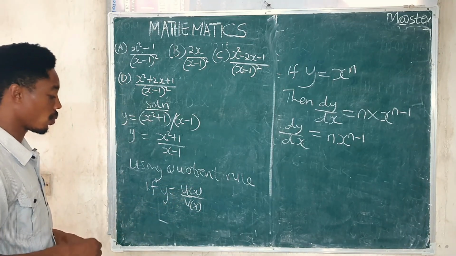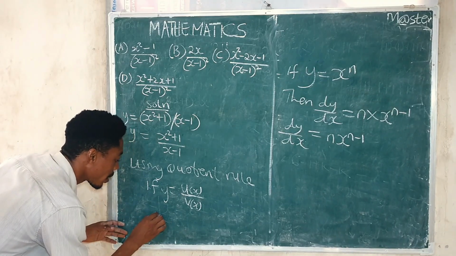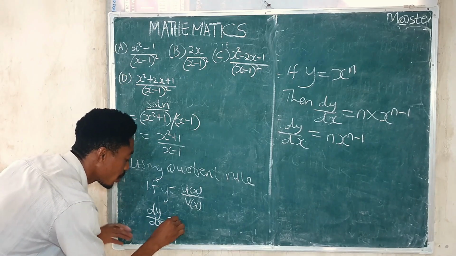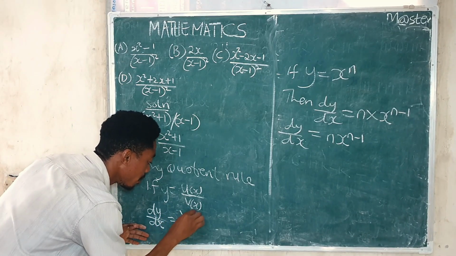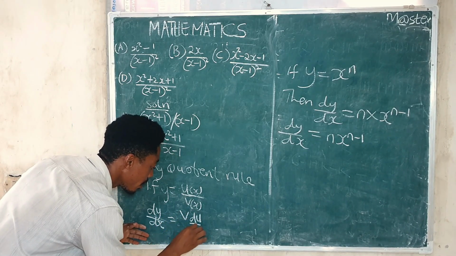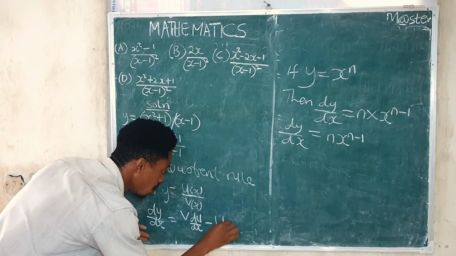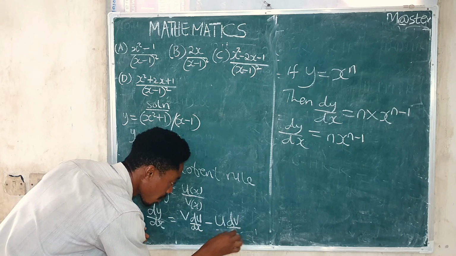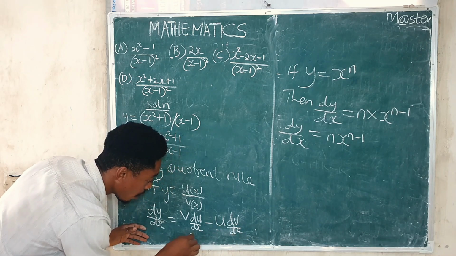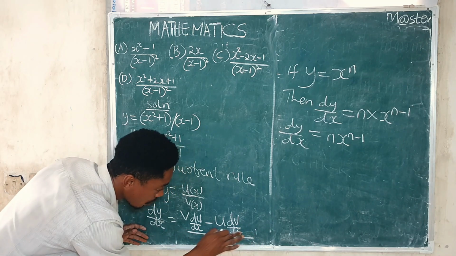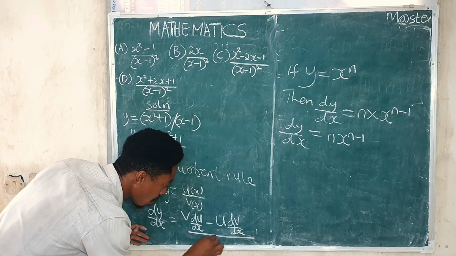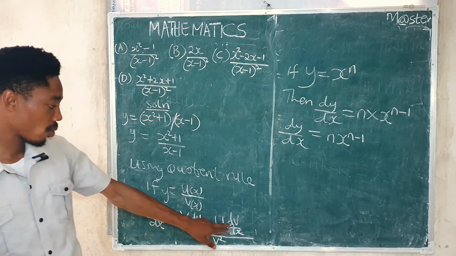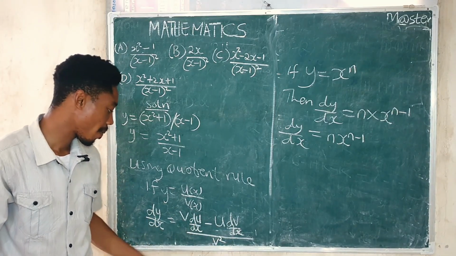Applying the quotient rule, dy/dx gives me v du/dx minus u dv/dx, all over v squared.